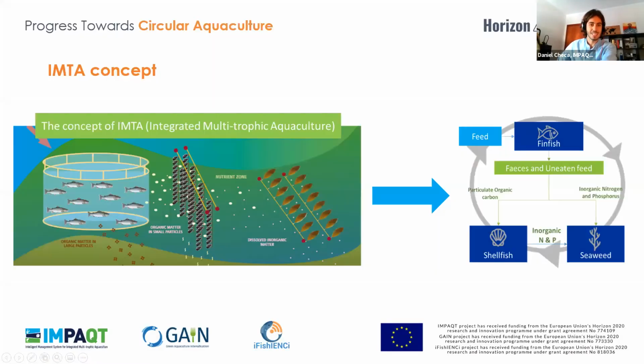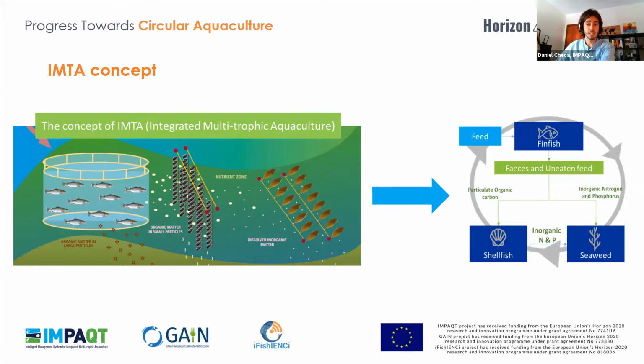Okay, so as I said, the first step is to talk about the IMTA concept. Frank introduced it very well, but I'm going to talk about it more. Integrated multi-trophic aquaculture is the cultivation of the fed species together with extractive species, such as suspension feeding and deposit feeding invertebrates and macroalgae, which may feed on the organic and inorganic effluent generated by the fed species.